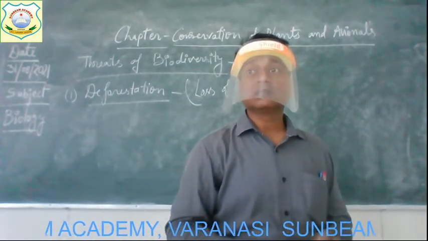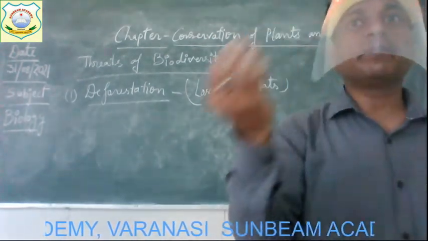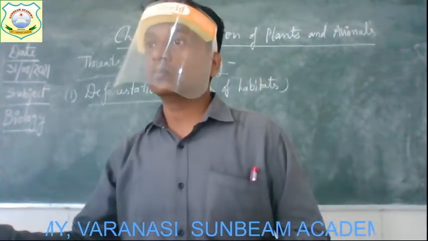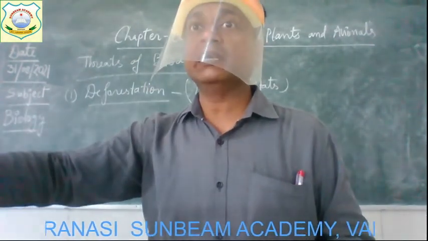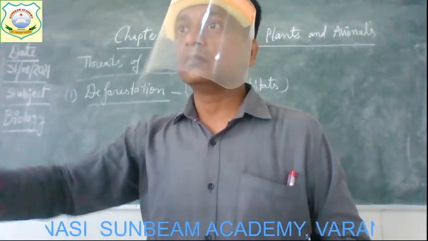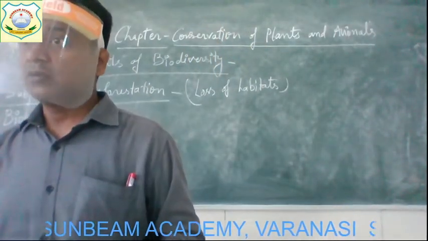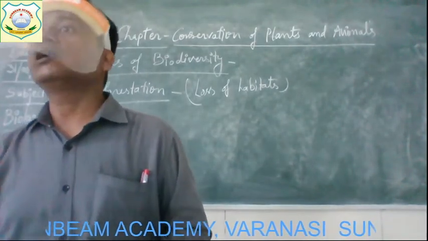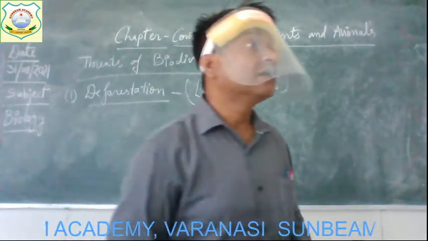It means the very small saplings, the plants that are just going to grow, are affected by the continuous movement of a lot of cattle in the field. What happens? Those small saplings get crushed and broken, and they are not able to grow. This is known as trampling.